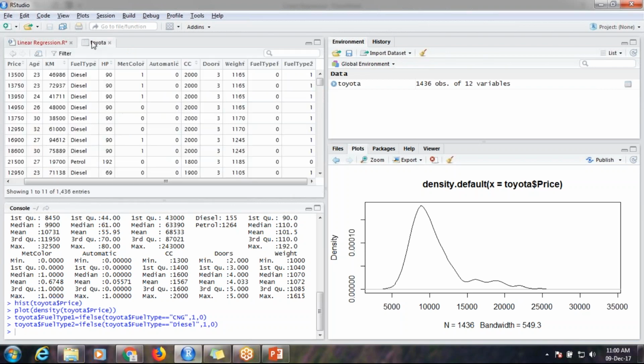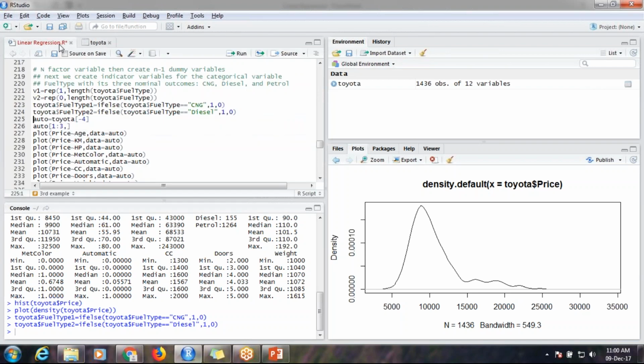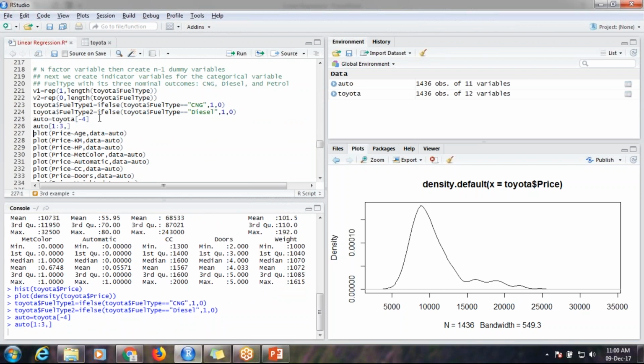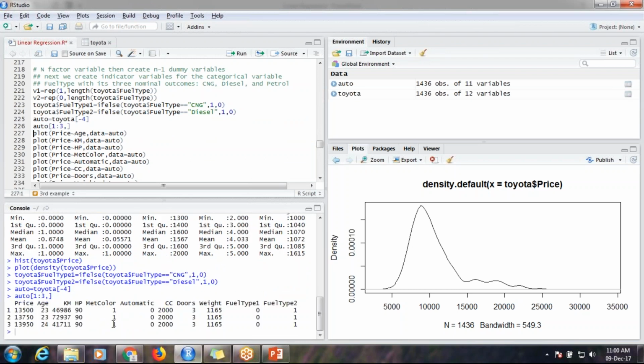So now I don't require my fourth variable, I've already flagged them. So I'm removing the fourth one. And let's see what is there in the auto data. So I've removed my fourth one.